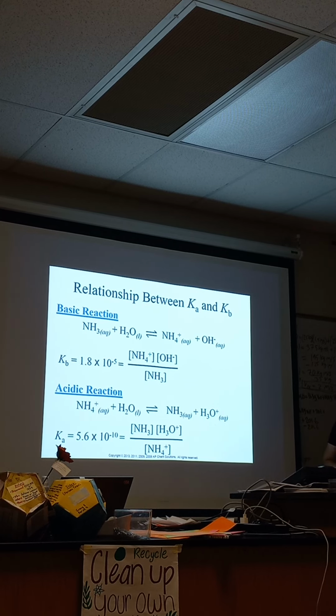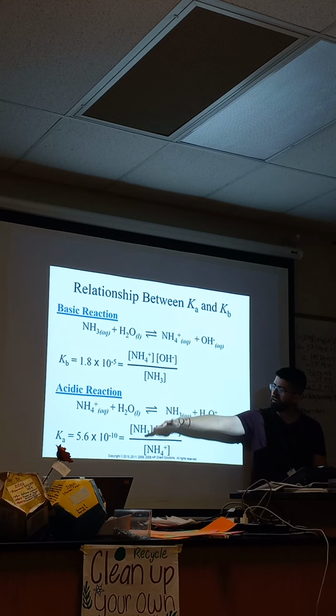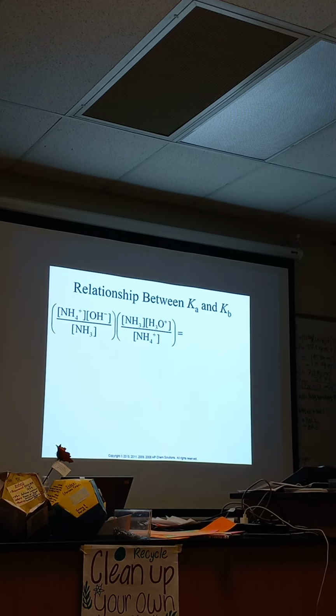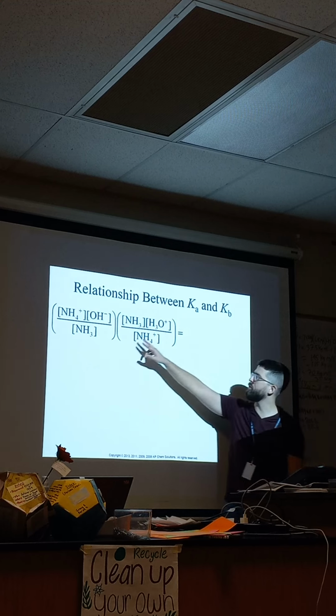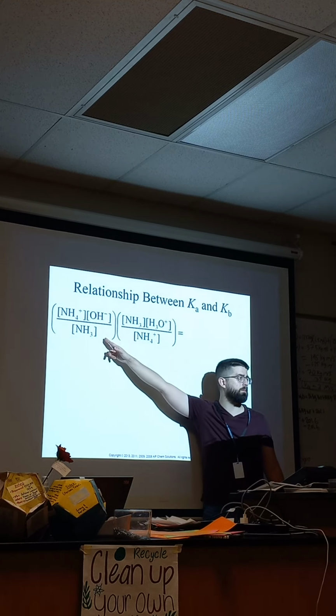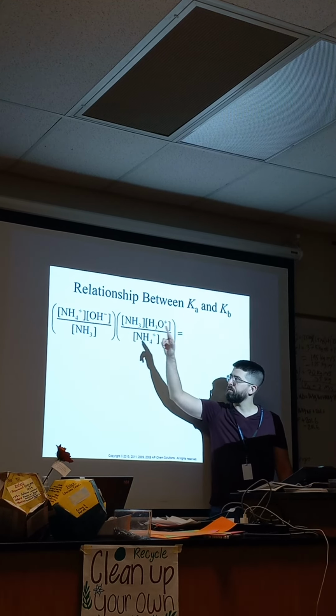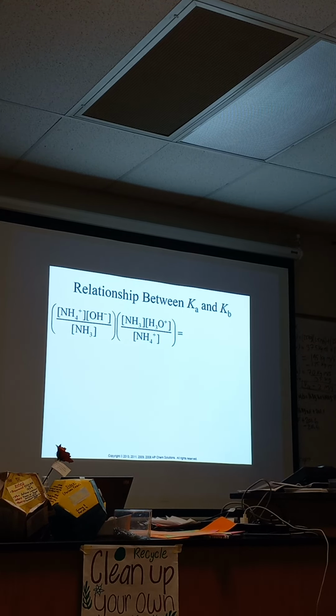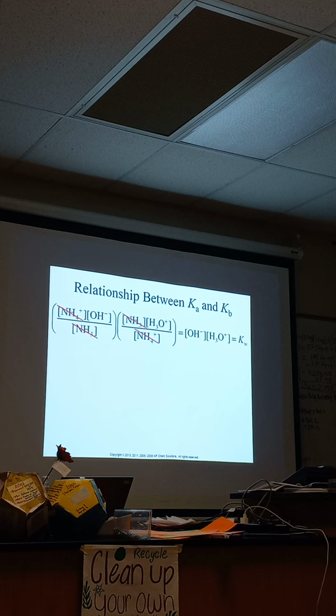If we look at these two, we've got our Kb and our Ka. We can take these two reactions and add them together. But if you add reactions together, what do you have to do with their equilibrium expressions? We multiply, because remember we multiply Ks whenever we add reactions.